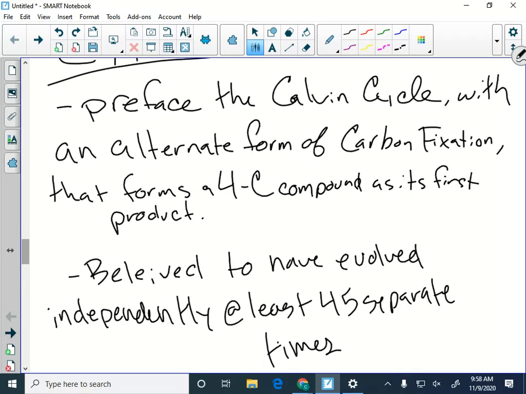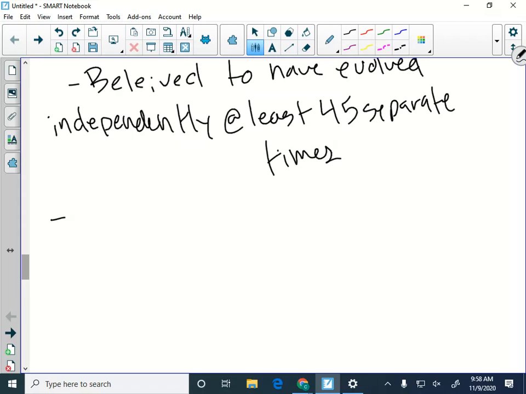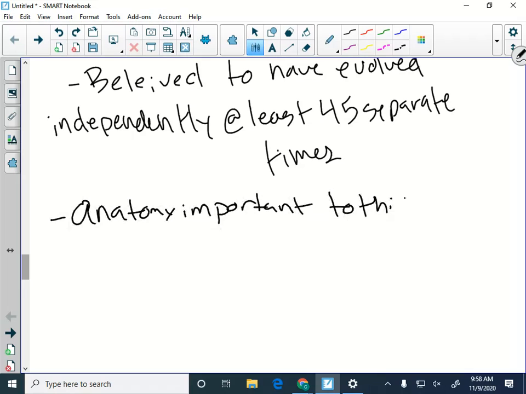Anatomy is really, really important to this. Or cell anatomy. Meaning they have to have these cellular structures to be able to carry out this process.